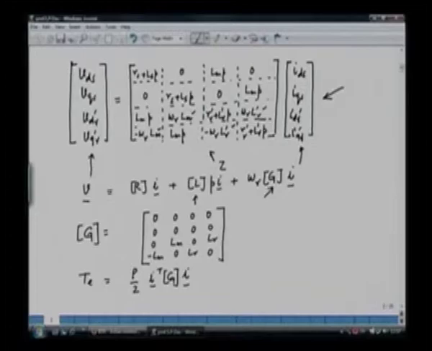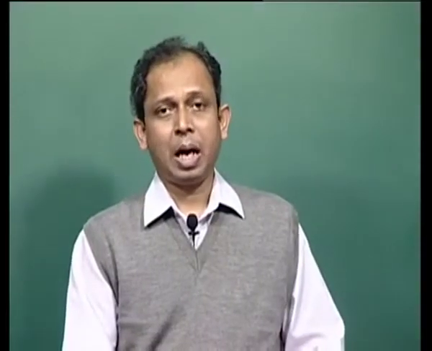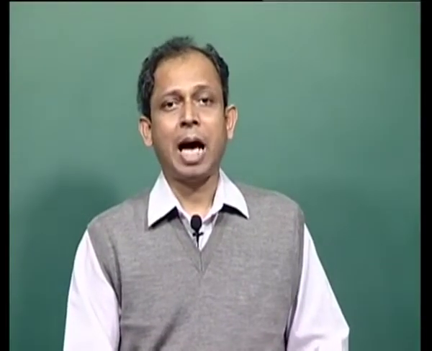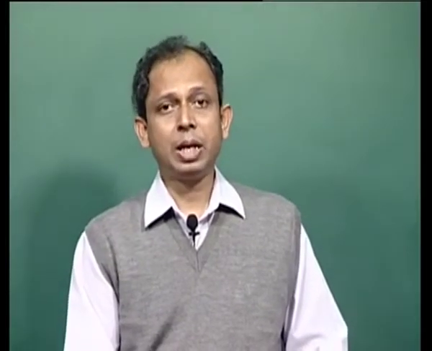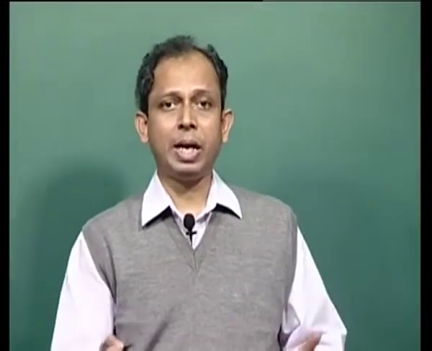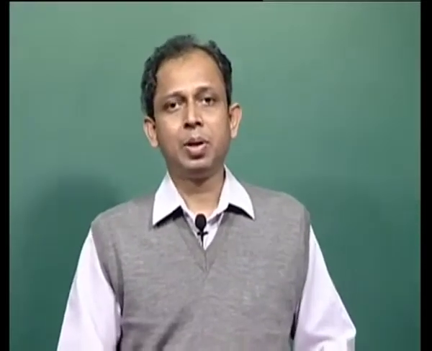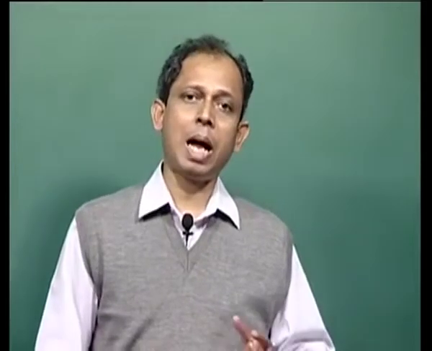Now we know that we have a 3-phase machine, and the DQ model is a hypothetical model. It doesn't really exist. We are simulating a 3-phase machine by means of a 2-axis model. So when we are finding out the torque, we should be careful that we should get the torque back to the 3-phase machine torque.